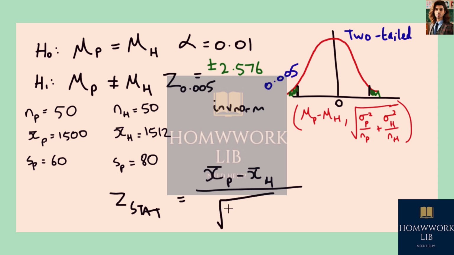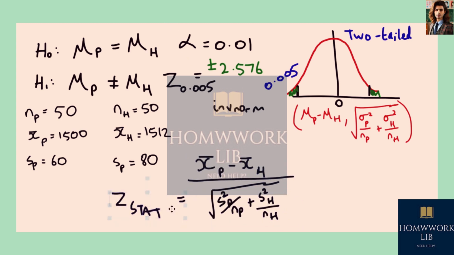Now, keep in mind here that we're making an assumption that we are pooling these as an estimate for a shared population standard deviation. Otherwise, you have to do a much more complicated non-parametric test. And so we make this assumption so that we can actually do this.